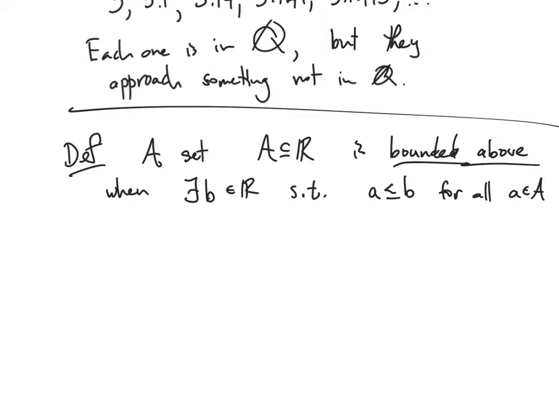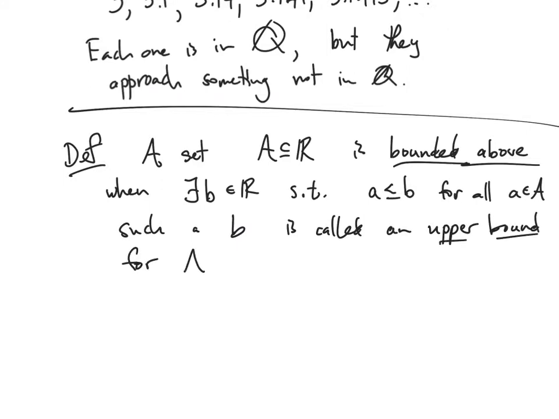So there exists b in the real numbers such that everything in my set is less than or equal to that number b. And this number b is called the upper bound for this set. It is a single number which is bigger than everything in the set. So such a b is called an upper bound for the set A.